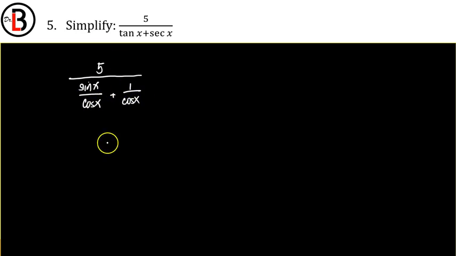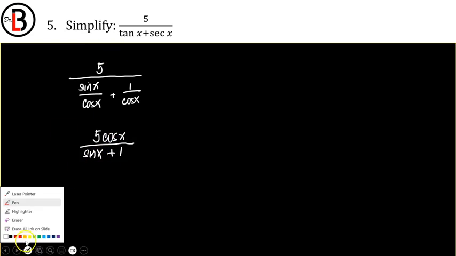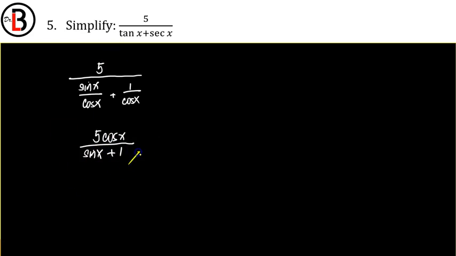If you combine them, that becomes 5 cosine of x all over sine of x plus 1. There's nothing stated for us to express one function in terms of the other. It just says simplify. If we can just have it like this, it's okay. So I could stop here because there's nothing specified anyway.